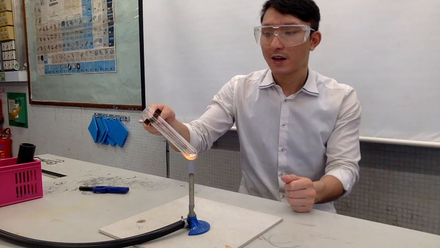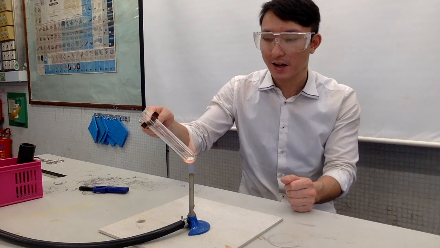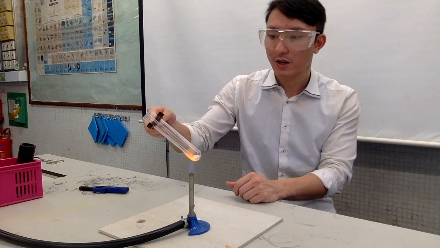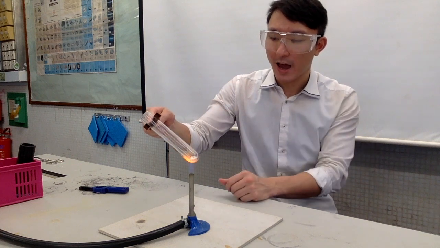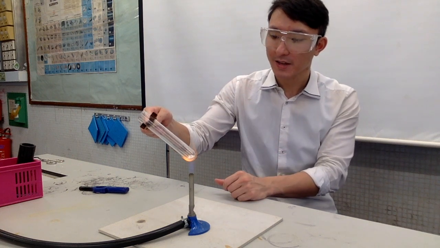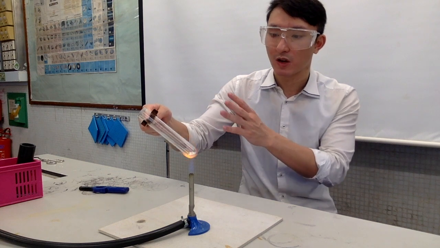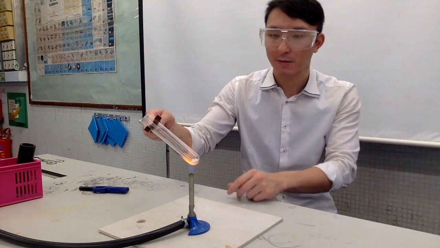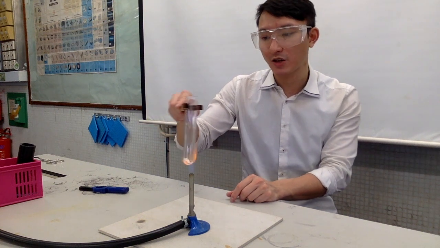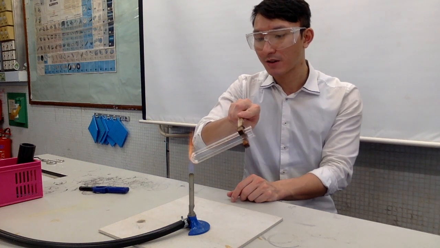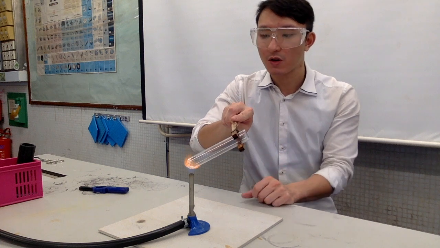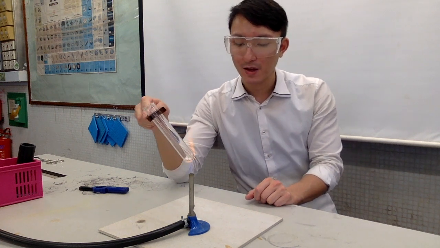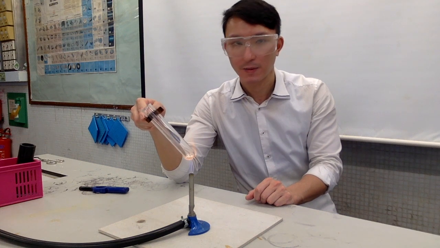We usually tilt the test tube while heating a solution, because if the solution gets boiled, it will shoot out, and if I tilt it, then at least the solution will not splash towards me or go up and then go down and then hit my hand, right? But here actually it's not necessary, but this is the usual drill. Alright, let's just be patient and heat it for 15 minutes.